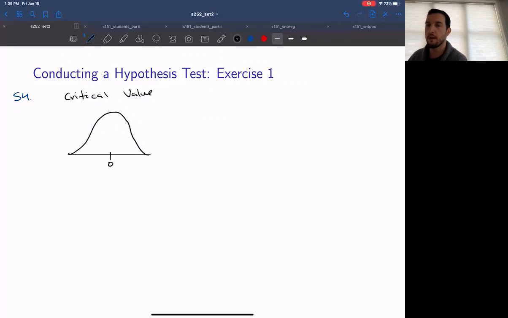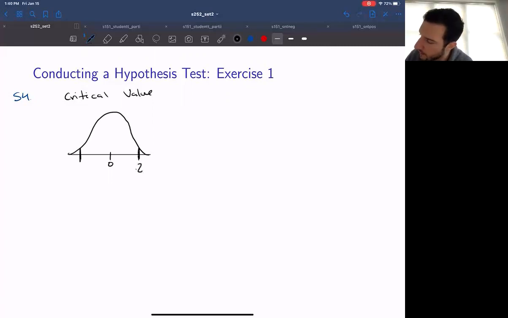In the alternative hypothesis, we have the does not equal sign. So this is what we would call a two-tailed test. We call this a two-tailed test because we're going to have a rejection region on each side of 0. And this is a result of the does not equal sign in the alternative hypothesis.